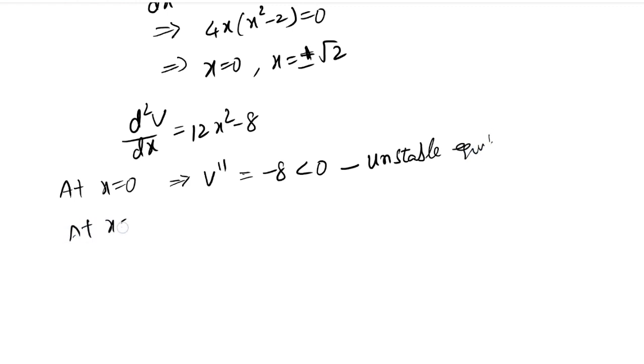Then at x is equal to plus or minus root 2, the double derivative will yield 24 minus 8, that is 16. So it is a positive value, representing stable equilibrium.